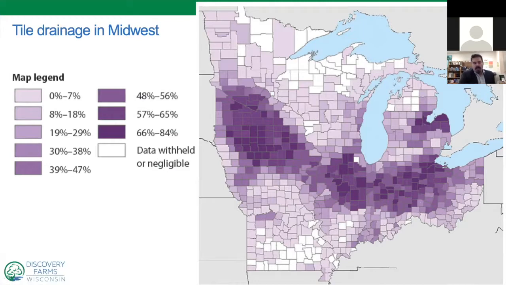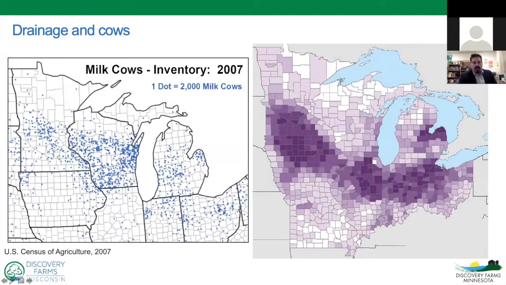They're mollisols, or the grid lined tile drains. We don't have that as much in Wisconsin, but we do have a lot of drainage in the eastern side of the state. That's going to be over here. But we don't have as much as other states. But when you think about where the cows are on the eastern side versus where our tile drainage is, those things kind of overlay with each other.